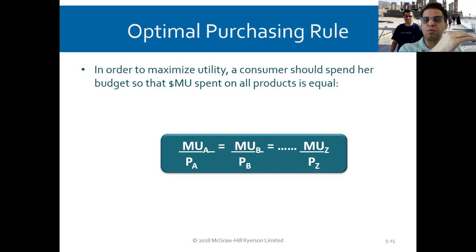It's which one contributes more utility per dollar. So MU of A product divided by price of A product is equal to MU of B product divided by price of B product, and so on. They should all contribute the same level of utility in total.